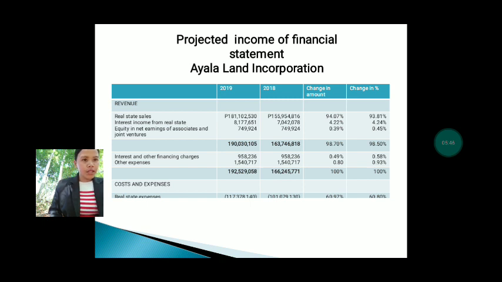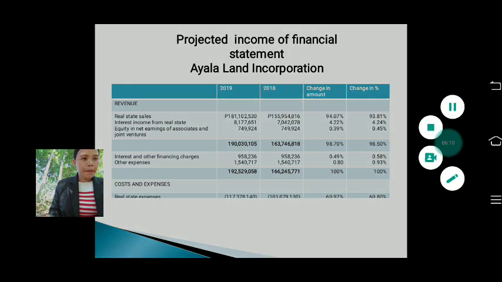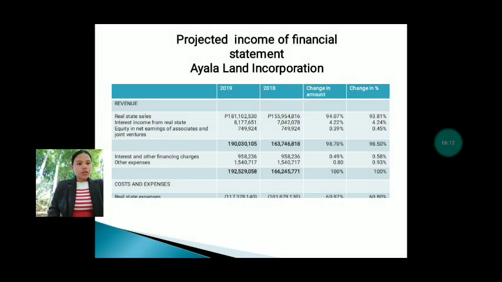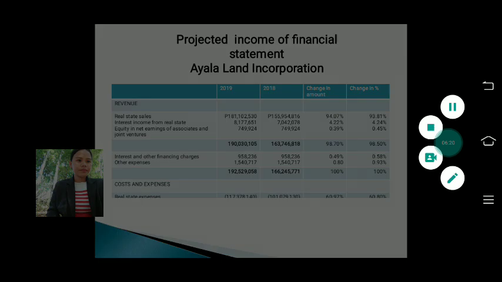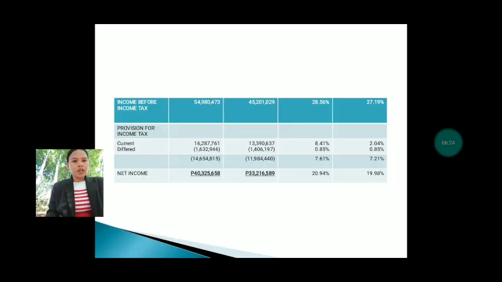So in the previous year it decreased and in the present it increases. The 2019 figure increased by 0.26%. The same process applies to the other amounts.